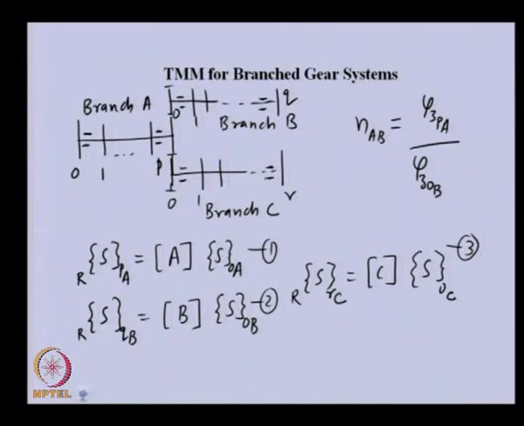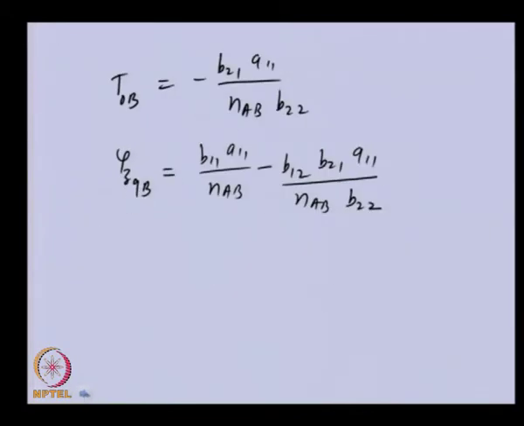Now, we can take up the third branch. For the third branch, we can write the expanded form, that is C branch.